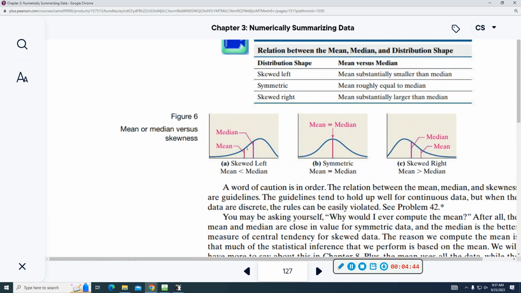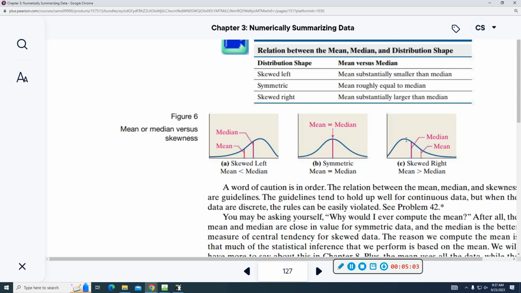So here's why they call it skewed to the left and to the right. If you have a lot of high data, and then you have some really, really small ones, not many, but some small ones, when you do the average, those small ones are going to pull the average to the left. That's why they call it skewed to the left. It talks about what's happening to the mean.